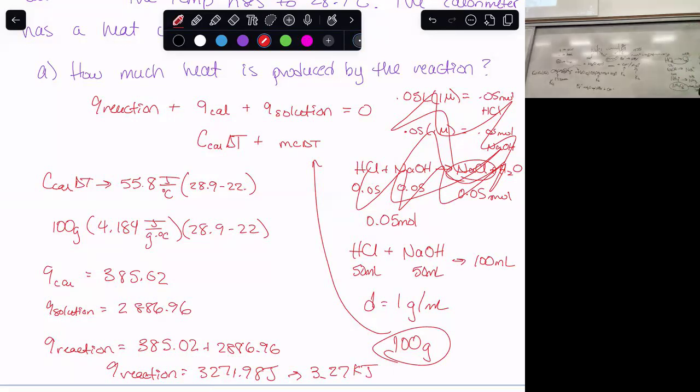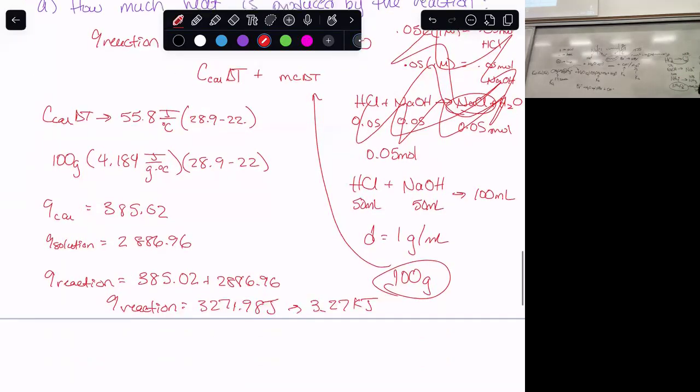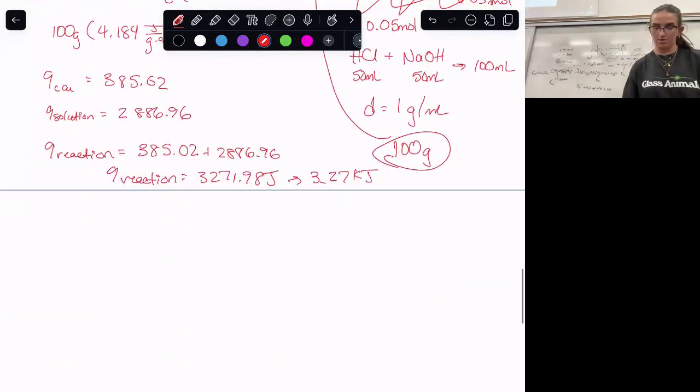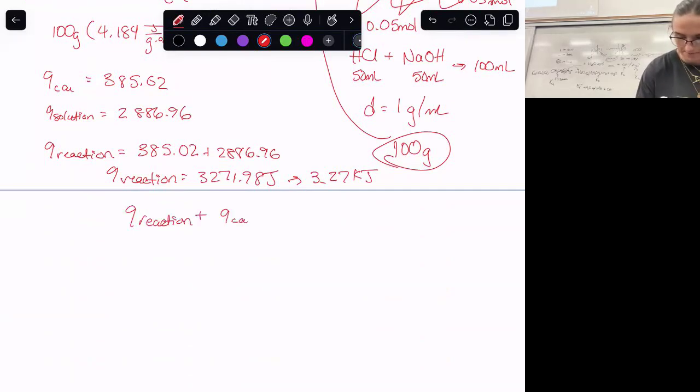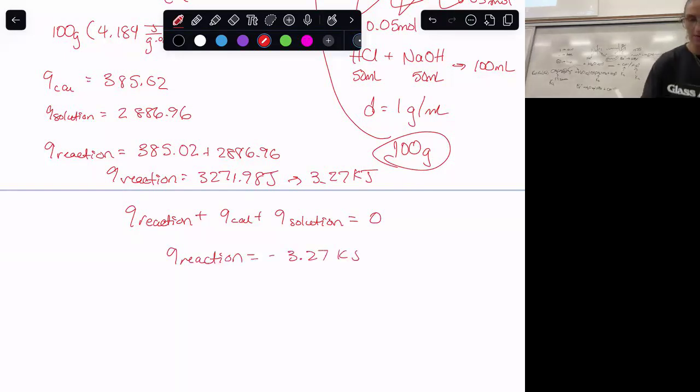Yep, that's a great question. Because we said that Q reaction plus Q cal plus Q solution is equal to 0. So this should be Q reaction is equal to negative 3.27 kilojoules. However, we said that our solution raises its temperature from 22 to 28.9.